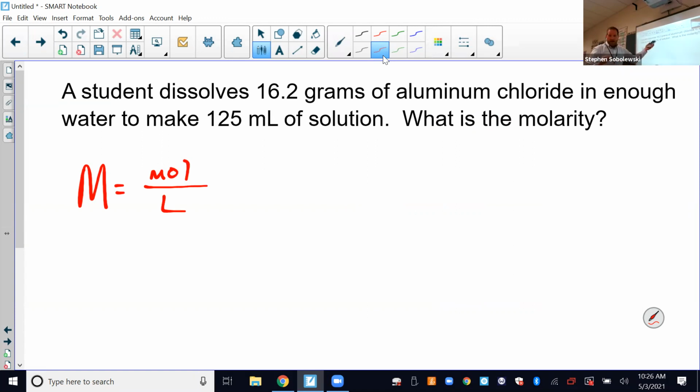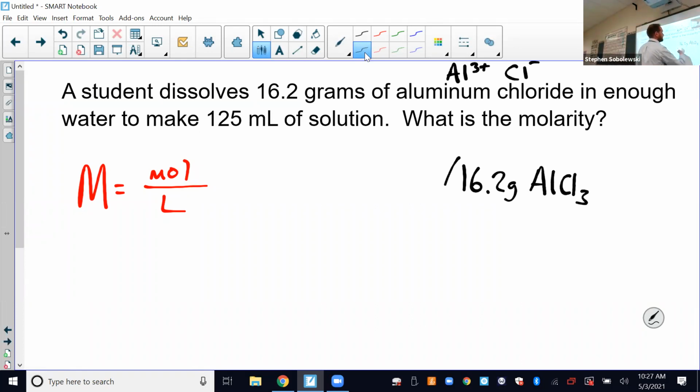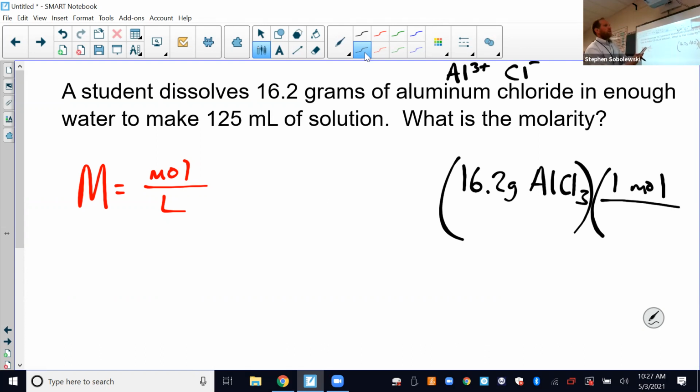So I'm given grams, I'm not given moles, but we know how to convert that. So we're going to need to take 16.2 grams of aluminum chloride. This is Al3+, this is Cl-, AlCl3. All right, so to convert this from grams to moles, it's going to be times 1 mole over, let's see, aluminum is 26.98 plus 3 chlorines.